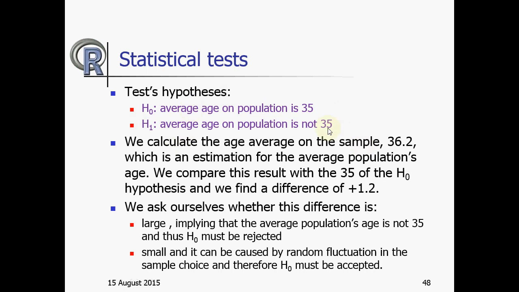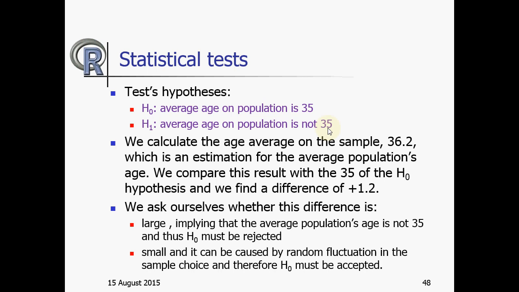Or, after all, is the difference of 1.2 so small that it may be due to random fluctuation of the sample? Maybe we were unlucky in the sample choice and we didn't choose a sample which was so precise. There was maybe one person older, and therefore we must accept H0. So take into consideration that the average age of the population may be 35.